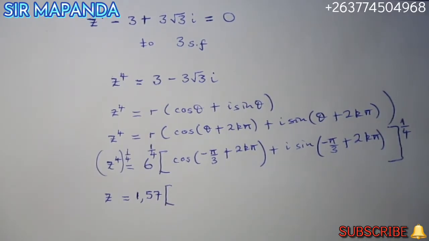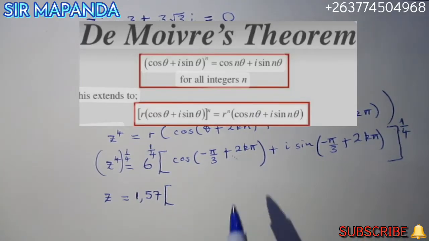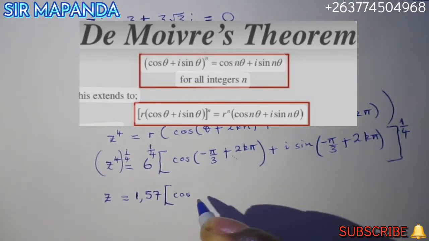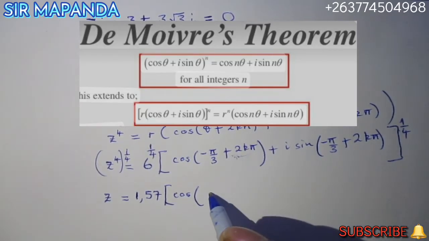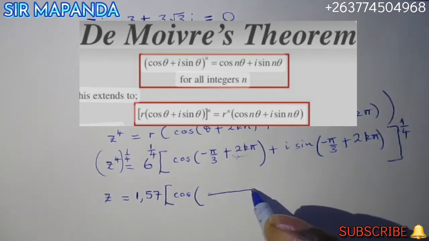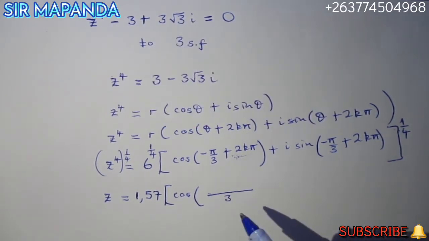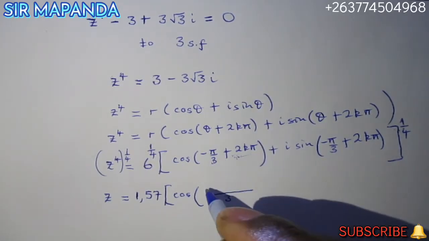First, right. Then applying De Moivre's theorem, this power 1/4 is going to multiply the angle attached to cos as well as to sine. So if I multiply this by 1/4, you get cos, open bracket. Let me start by making this a single fraction before multiplying with the 1/4. You put 3 here, right? 3 into 3, you get 1 times this, you get minus pi.